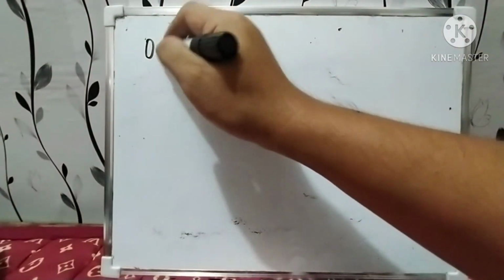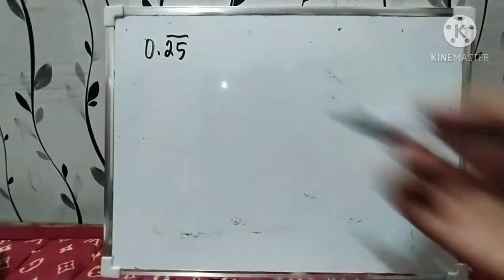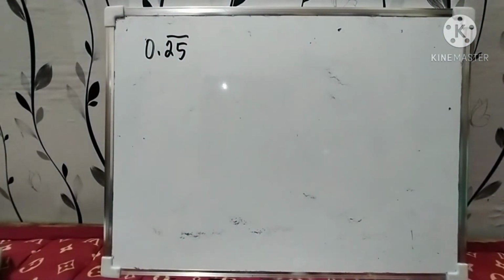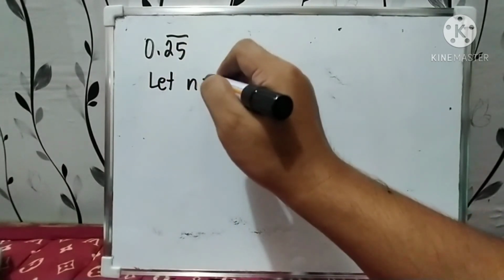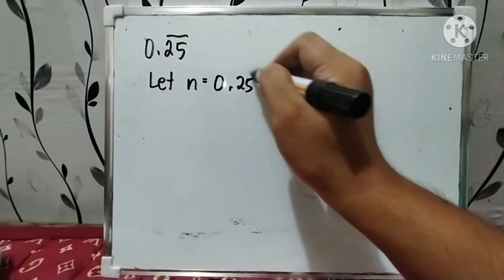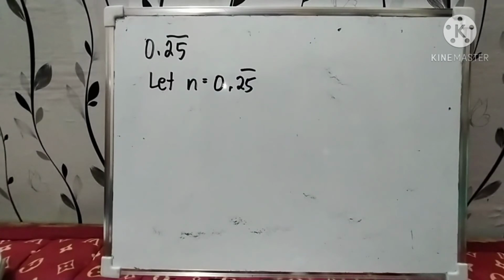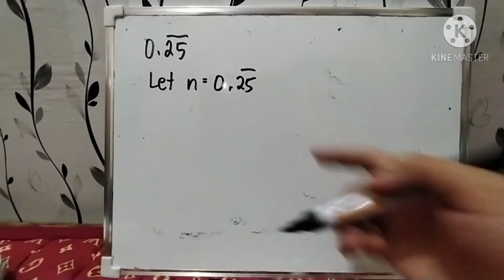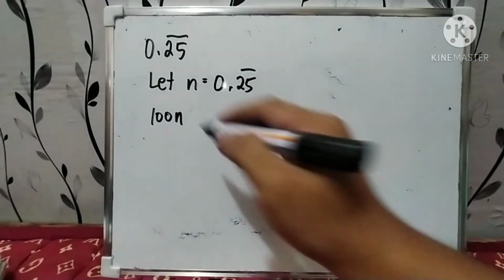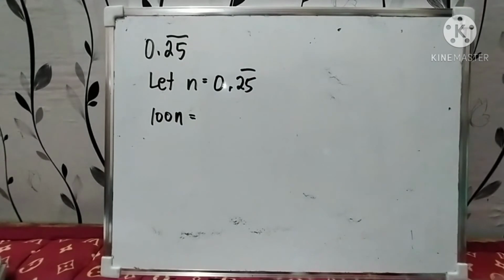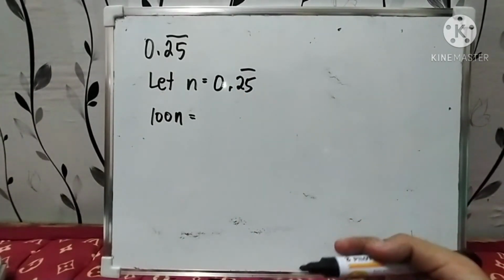Okay, so yung last example natin, so let's say 0.25 vinculum. Ayan, so the first thing na gagawin natin is to let n is equal to 0.25. Next natin, so power of 10, so 2 digits siya, so 100. 100n is equal to yung nauulit, which is 25.